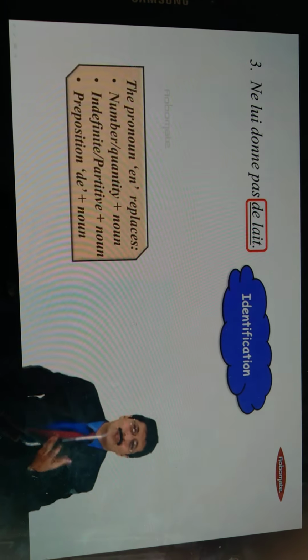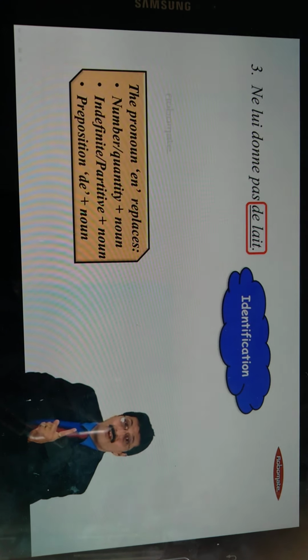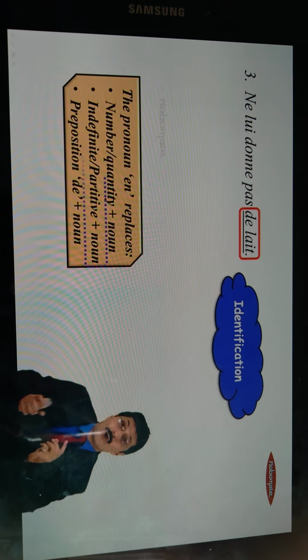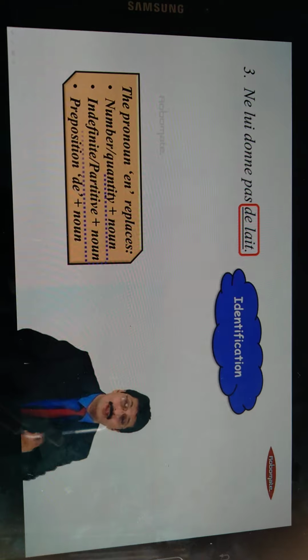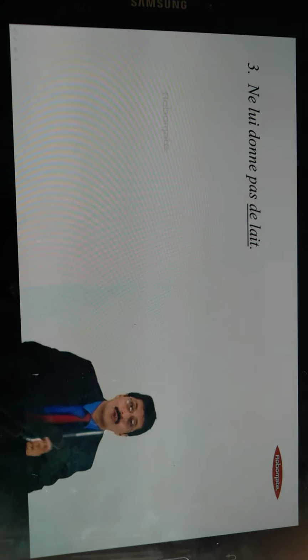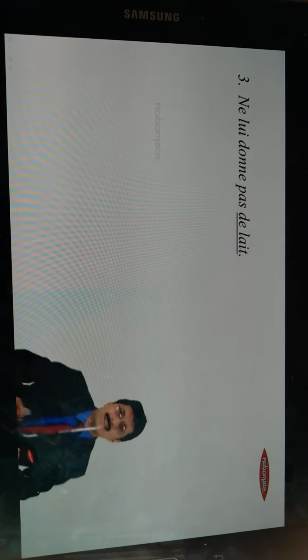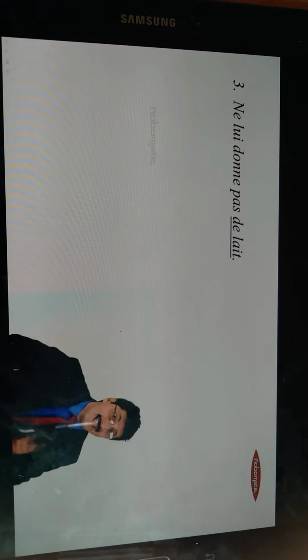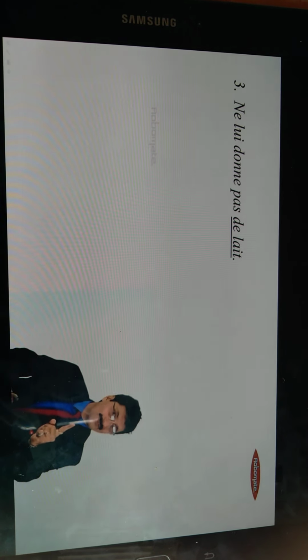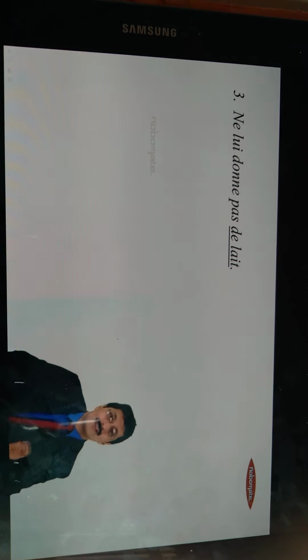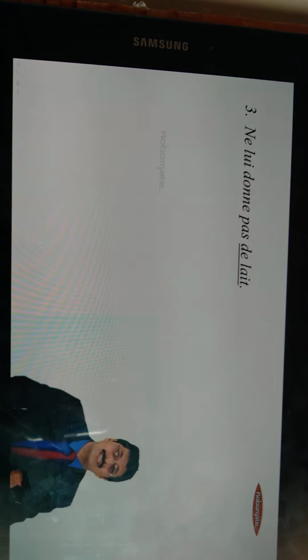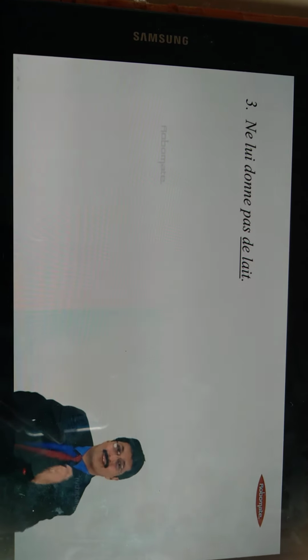Ne lui donne pas de lait. Identification. Oh, my friends, by now we know this so well. Whenever you see indefinite or partitive article plus noun combination, you know you're going to replace by en. Sir, why is it de and why not du? Immediately after a negative, you know that the indefinite article and the partitive article, if it is a direct object, changes to de or d apostrophe, except after être in the negative.